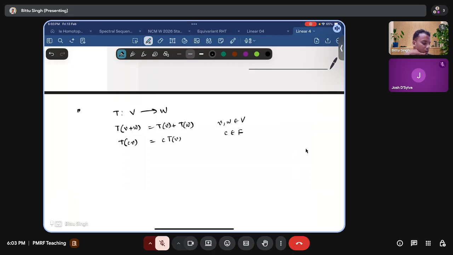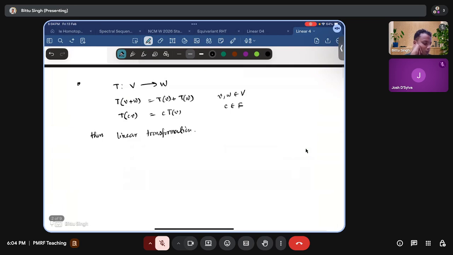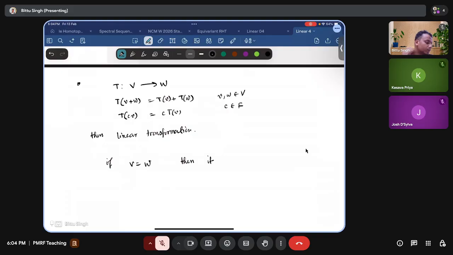Then T is called a linear transformation. There are several nomenclatures. If V and W are the same vector space, then T is called a linear operator.